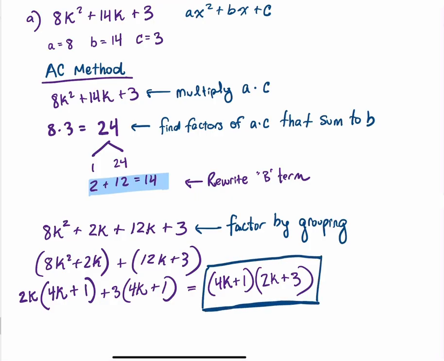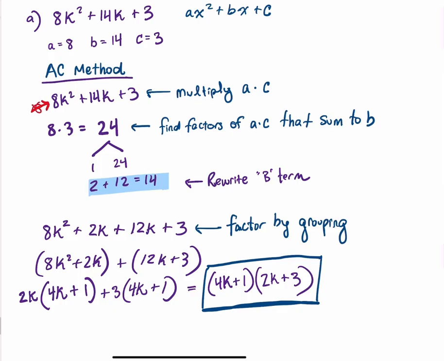So let's review these steps. There are a few additional steps from our previous method. First, we need to identify that we are in this situation where we have an a term that's greater than 1. So we have this 8, so we need to use this additional method.